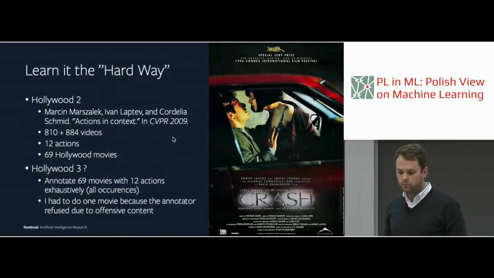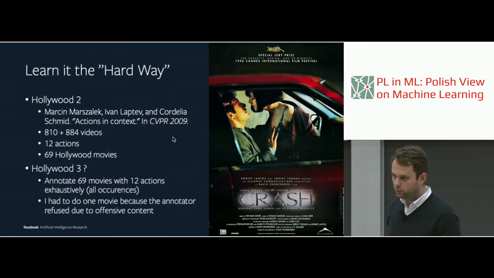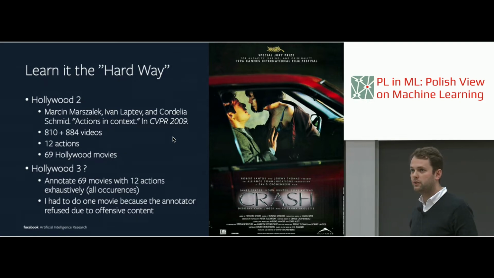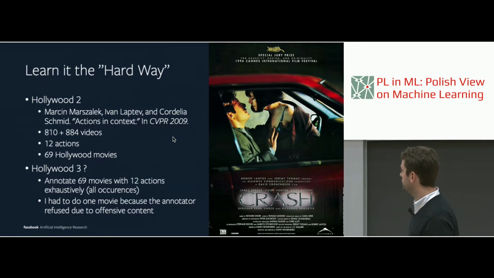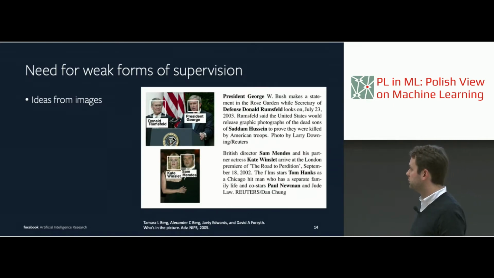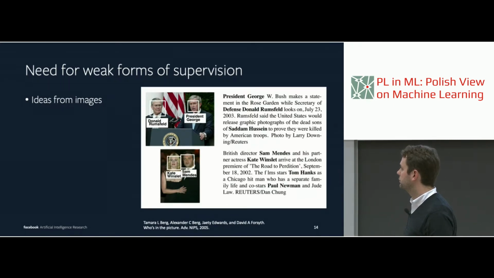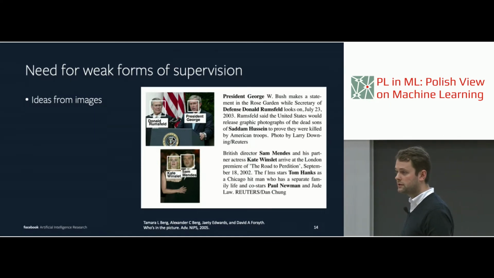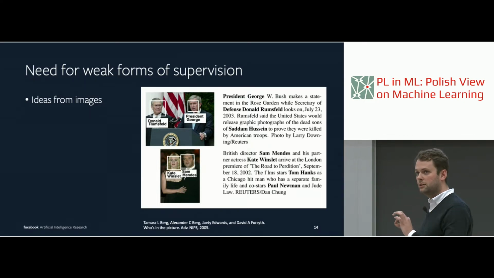So we thought that we want to work on stuff which is weakly supervised. Come up with information sources that are noisy, but we are going to tell you something about what's happening in the video. We were inspired by work on images, where researchers have proposed methods for identifying people in images, not based on human labels, but based on captions in news.